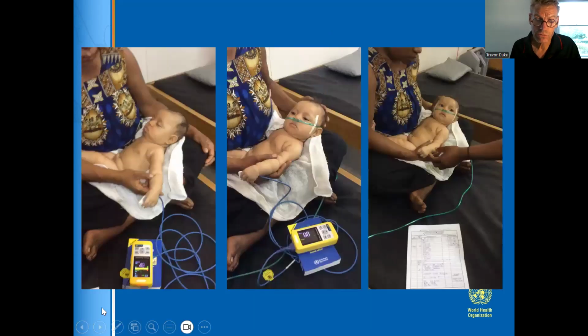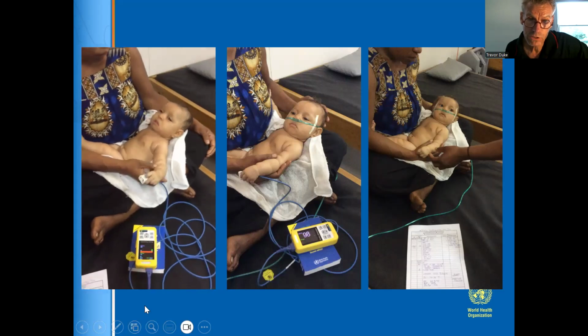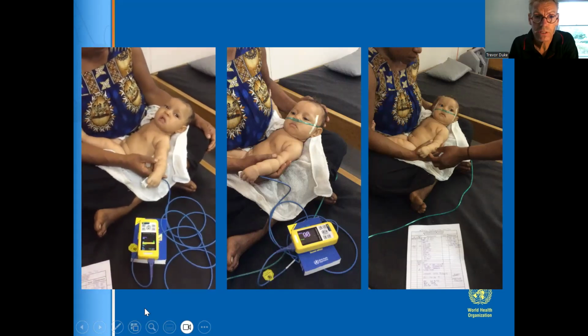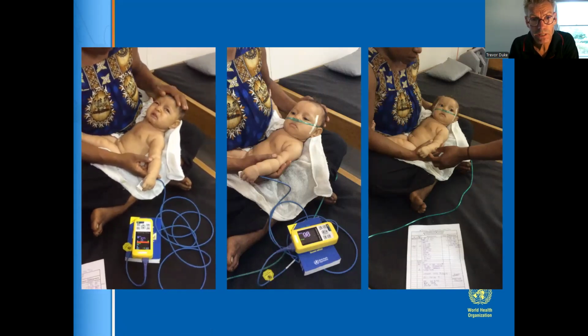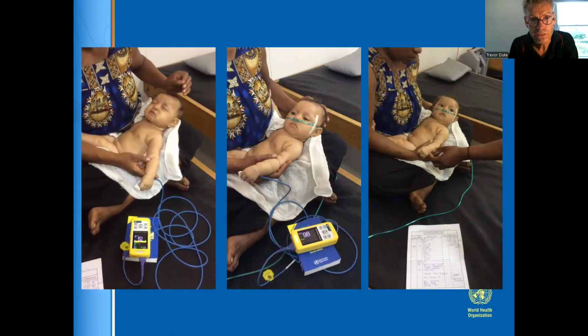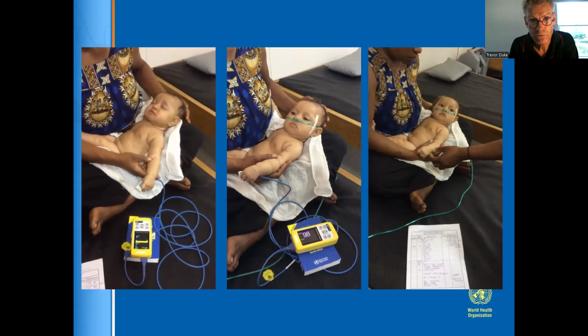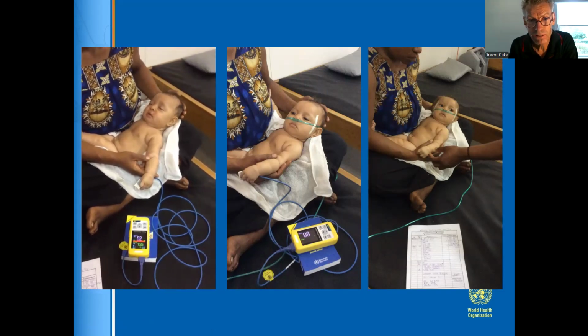I want to show you the dramatic effect of oxygen, and this is another child. This is not Ratu, but I want to demonstrate how effective even relatively low flow oxygen can be. Just look at this child, he's alert to start with, but then he becomes a bit drowsy, and you can see his oxygen saturation starts at around about 53, 52.